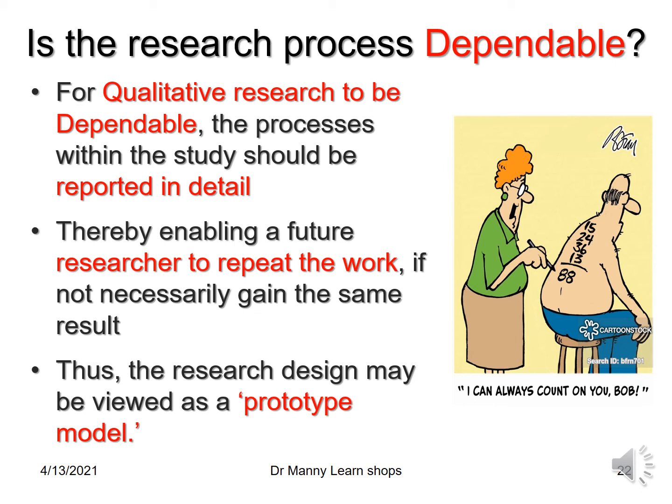If not necessarily gaining the same result, but repeating your work. And therefore, the research design may be viewed as a prototype model. This creates a model, and as such, other researchers can utilize it.